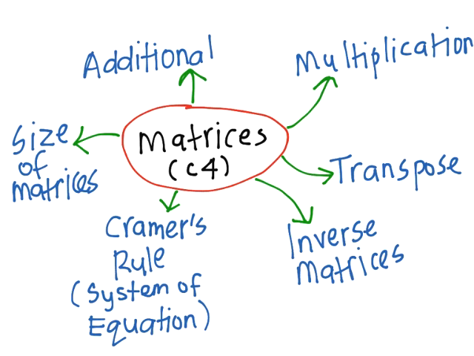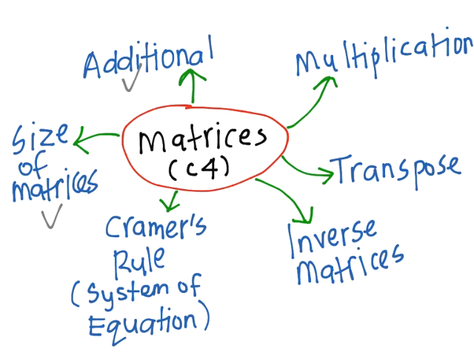For today we are going to go with chapter 4 straight away, which is about matrices. The first subtopic is how to identify the size of our matrices. The second is how to apply addition or subtraction operations on the matrices.